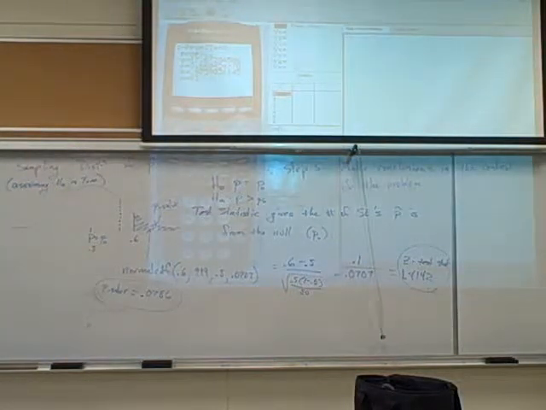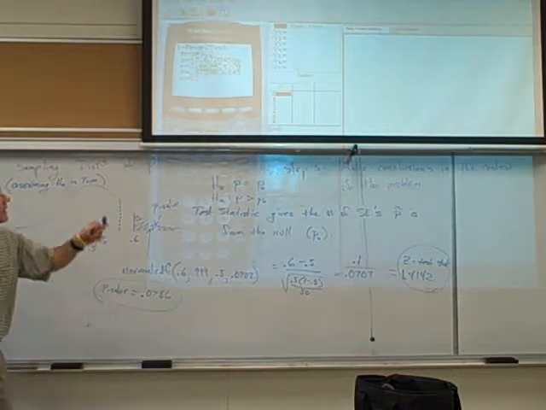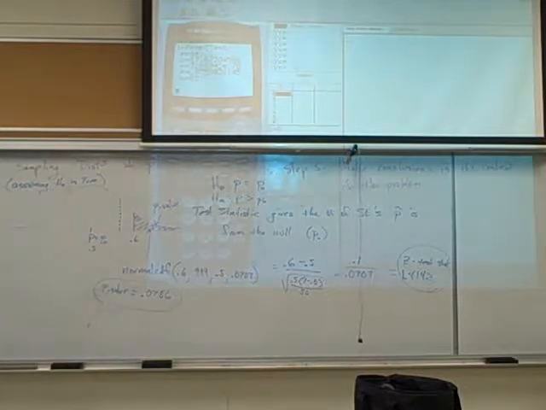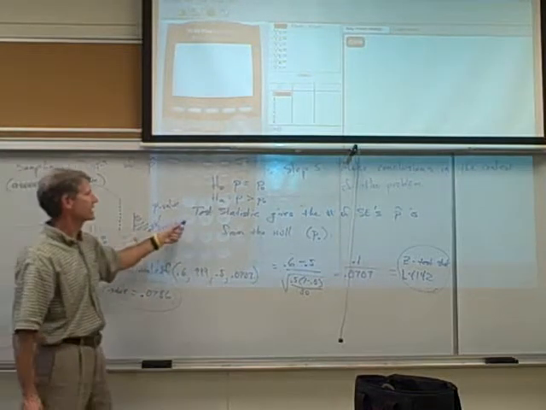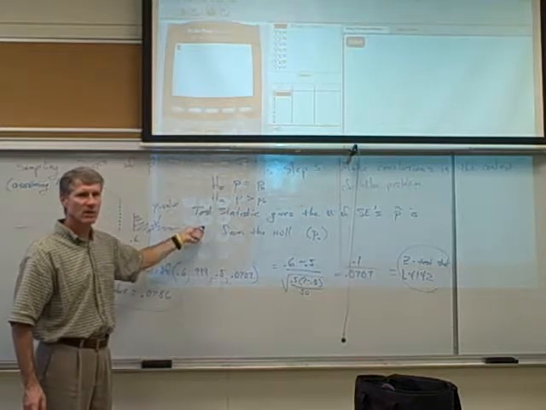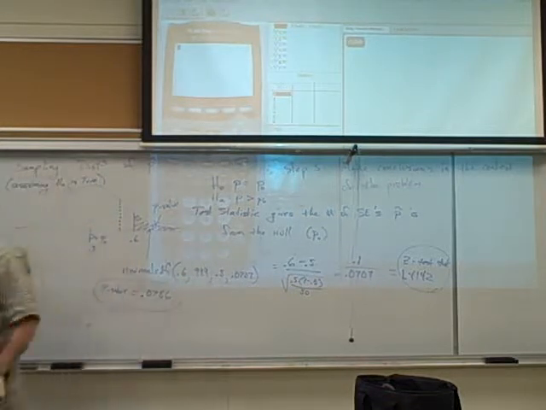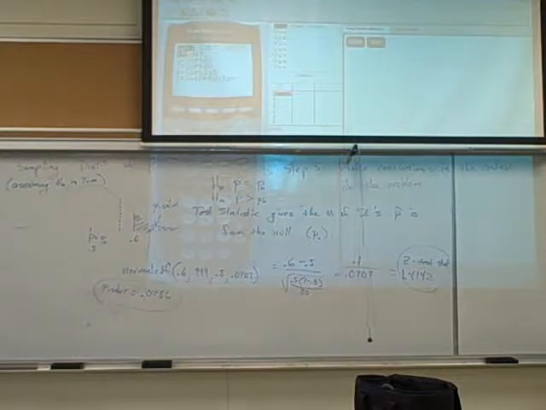So up here on the top, I'm going to clear that out. And we said to get both the test statistic and the p-value, we need to go to 1-prop z test. Push the stat button. Then go over to test. And then go down to 1-prop z test, which happens to be the 5th one down, so you could just hit the number 5.